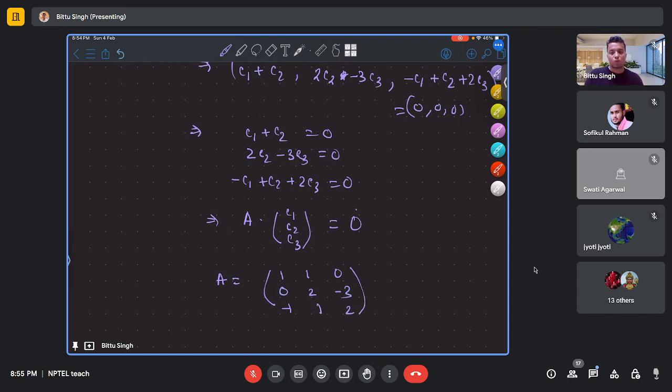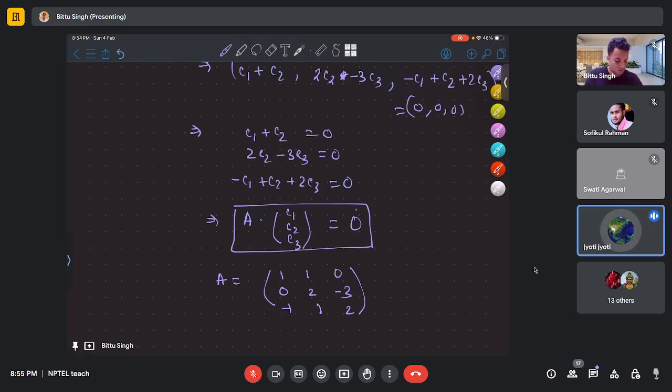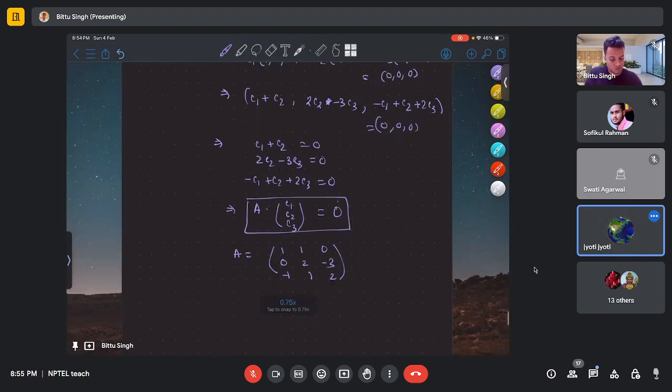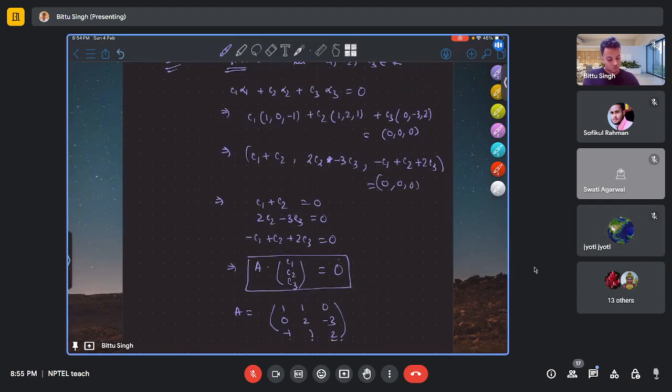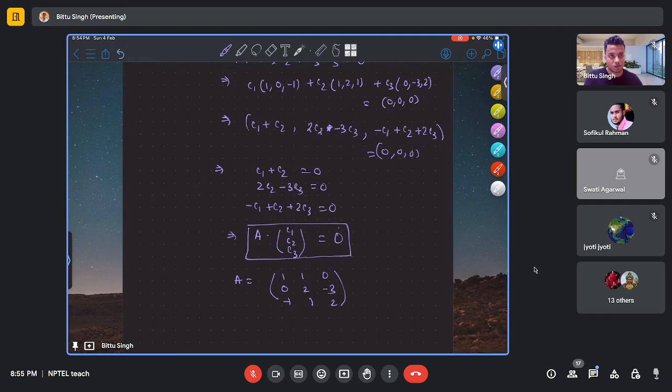Now, this system has only the trivial solution if the determinant of A is non-zero, that is, A is a non-singular matrix. So we need to check the determinant is non-zero.